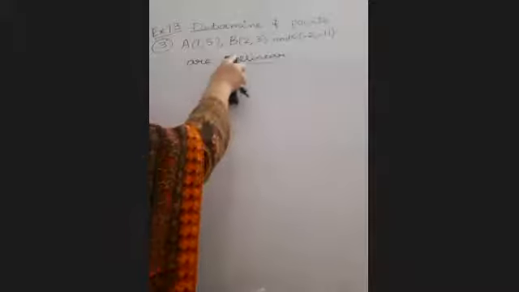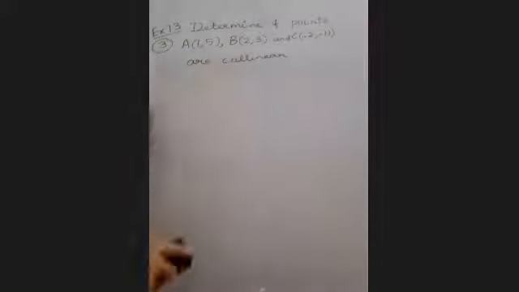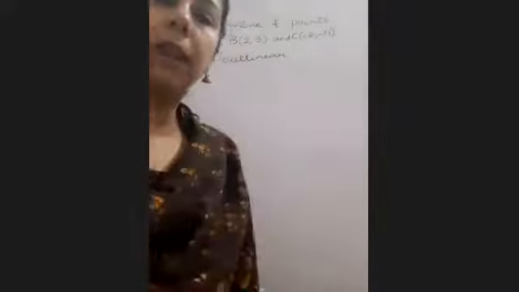So what we have to do is, if the distance of any two lengths adds up to the distance of the third one, then we will call the points collinear. Otherwise, the points will not be collinear.